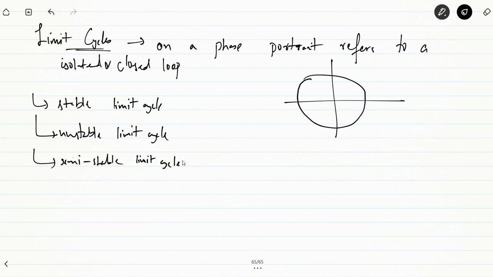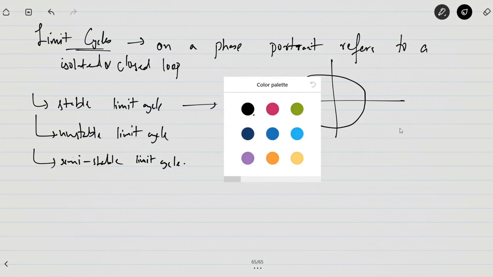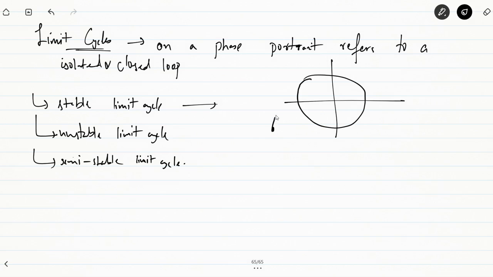Now this phase portrait can actually be referring to a stable limit cycle. That means the system will be exhibiting stable properties, or the limit cycle may be referring to an unstable system, or it may be a semi-stable limit cycle. Now what a stable limit cycle looks like is all the phase trajectories in the system will be converging towards this loop.